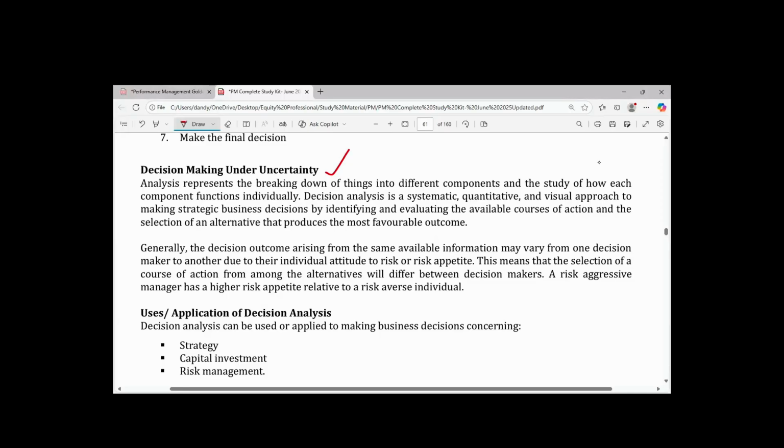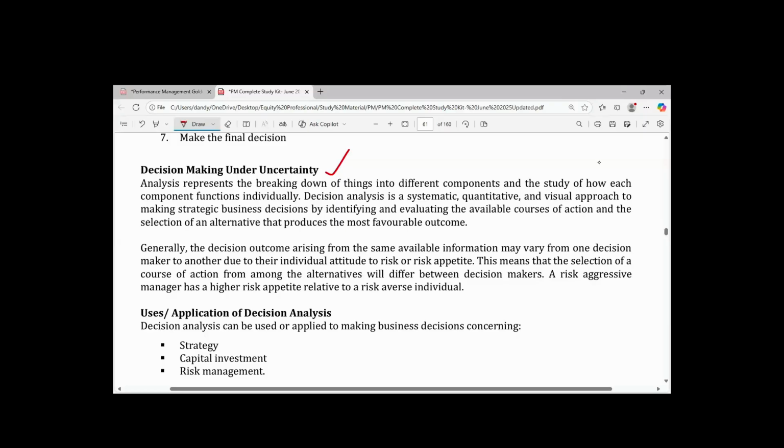We talked about certainty equivalent method, expected value method, standard deviation, variance, and coefficient of variation. We talked about sensitivity analysis. We discussed simulation. We also discussed the decision tree.